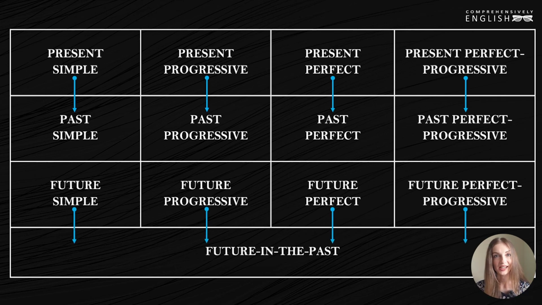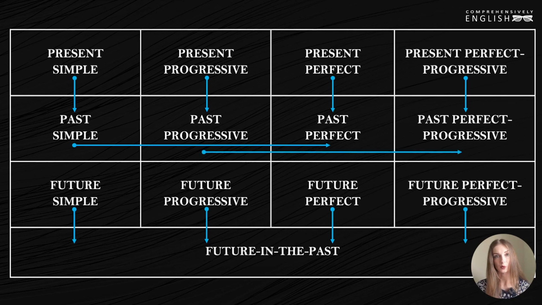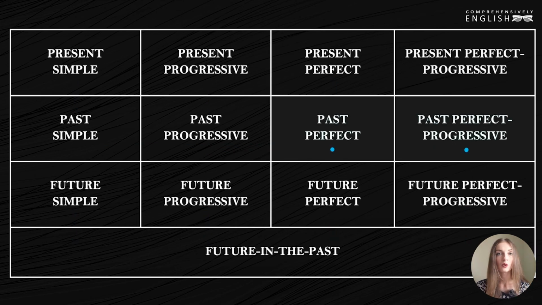When our original statement is in the past simple tense, we go to the past perfect tense in our reported speech, and when the original statement is in the past progressive tense, we go into the past perfect progressive tense. When the original statement that we want to report is in the past perfect tense or in the past perfect progressive tense, we don't change them. We go nowhere because there is nowhere to go.